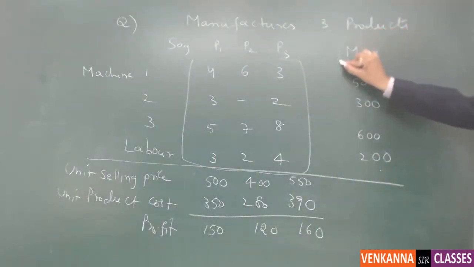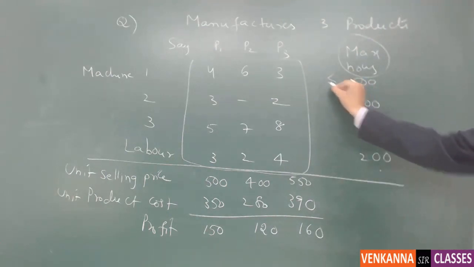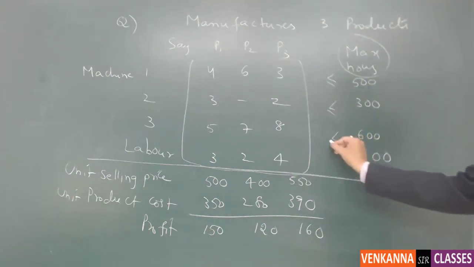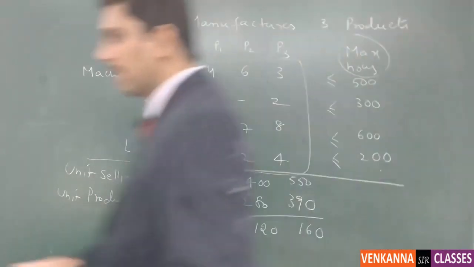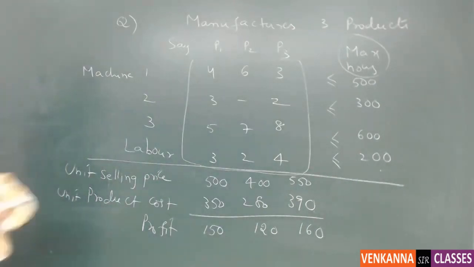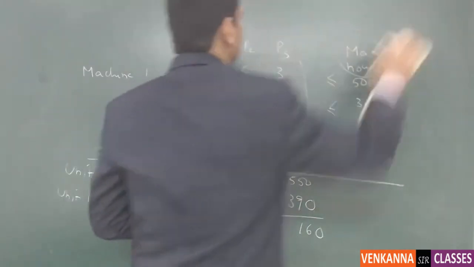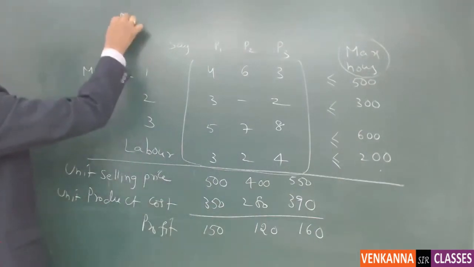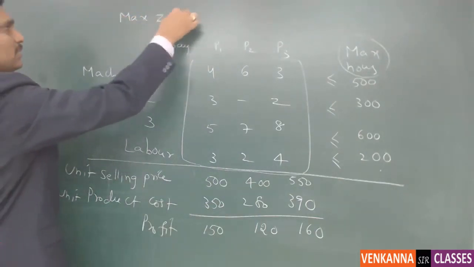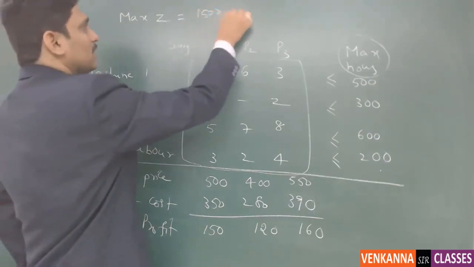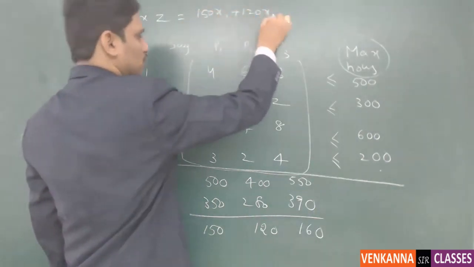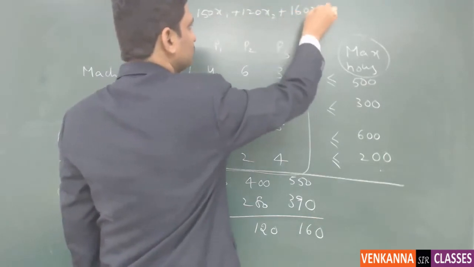Since it is the maximum availability of hours, you simply write like this. In a nutshell, our objective is maximization of profit. So we write that maximum Z is equal to 150 X1 plus 120 X2 plus 160 X3.